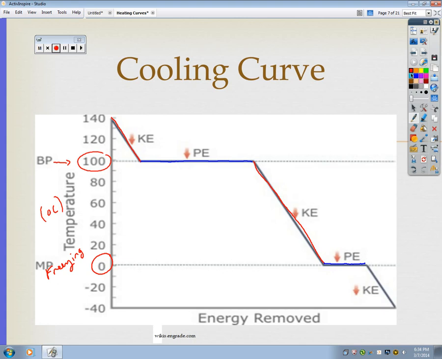And then I form really super cold ice, like Antarctica, your freezer. So notice where the kinetic energy is, going up and down a hill. And potential energy is on a plateau, overcoming or forming attractions between molecules.